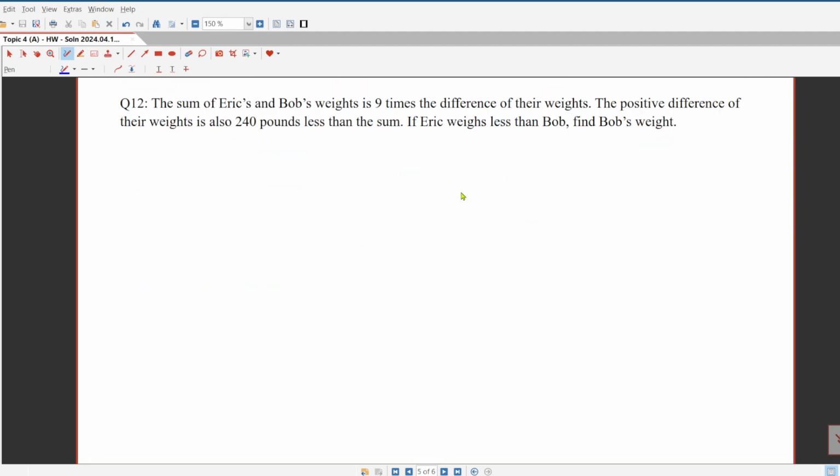Sum of Eric's and Bob's weights is 9 times the difference of their weights. The positive difference of their weight is also 240 pounds less than the sum. If Eric weighs less than Bob, find Bob's weight. Okay, we have 2 ways to find, right? So we could let E be Eric's weight.